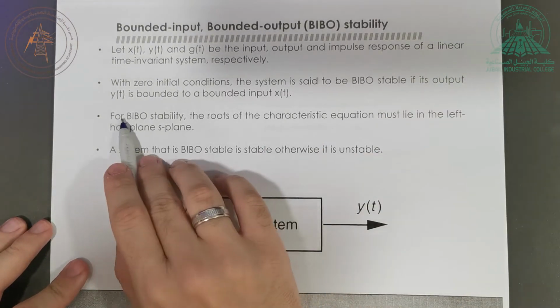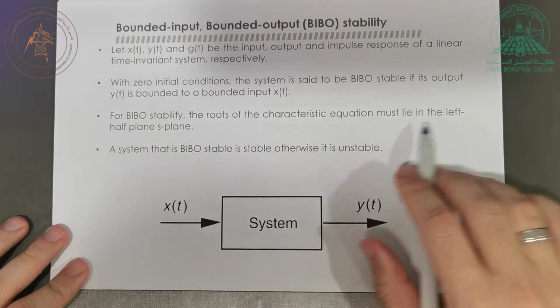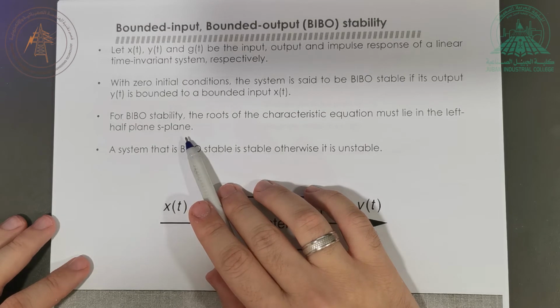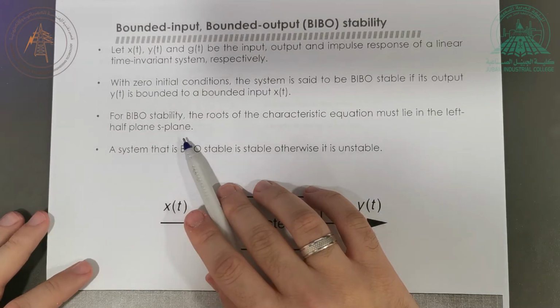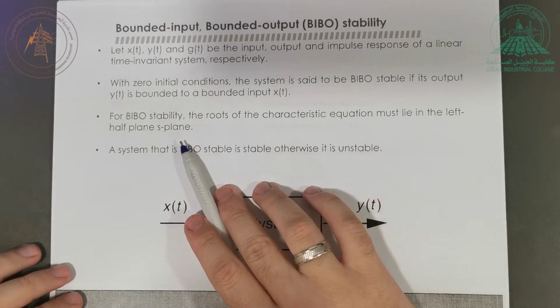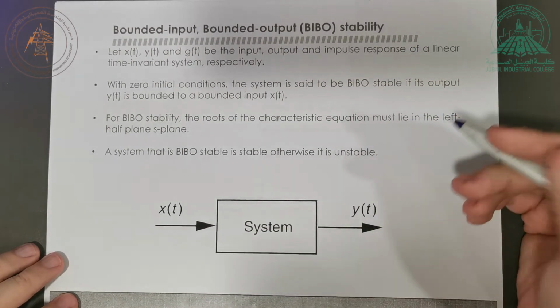For BIBO stability, the roots of the characteristic equation must lie in the left half plane. We talked about the characteristic equation in last week's lecture. It is basically the denominator of the transfer function: you take the denominator and equate it to 0.